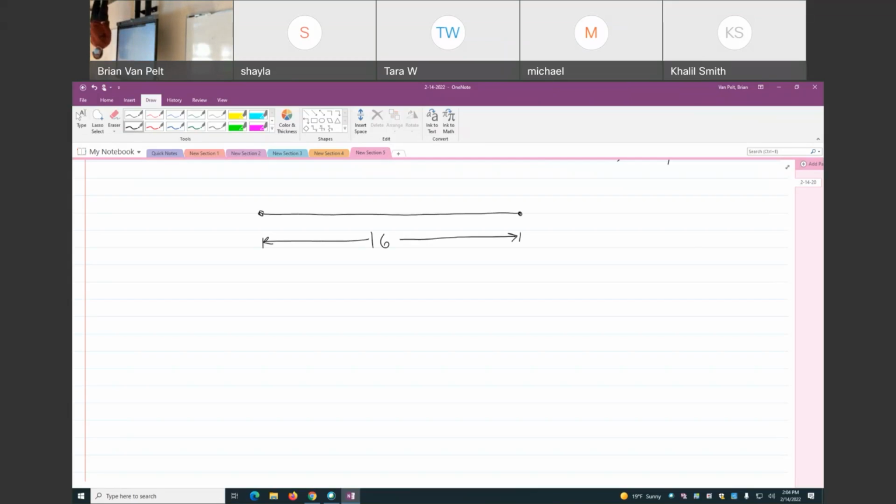How long is that thing? 16 units, I guess you could call it, right? Now, what if I go and slice off 5? How much is in the empty spot? How did you get it? 16 minus 5, right? That was equal to 11.